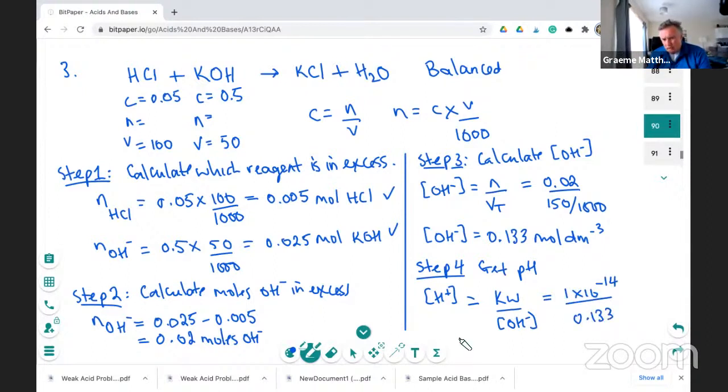And so I'm going to get the H plus concentration: 1 times 10 to the negative 14 divided by 0.133 is, I got 7.51 times 10 to the minus 14.